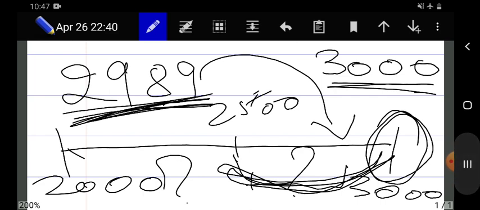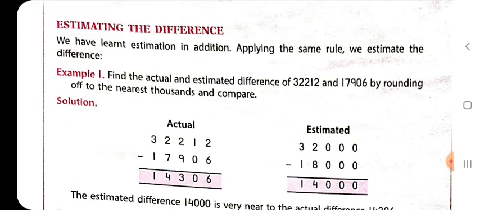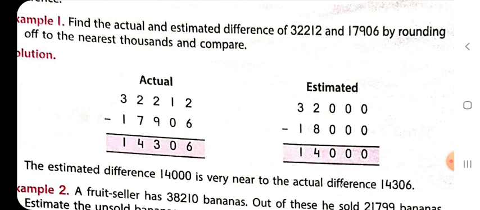Moving to the next. In example number 1, we have to find the actual and the estimated difference of 32,212 and 17,906, by rounding off to the nearest thousand and comparing.